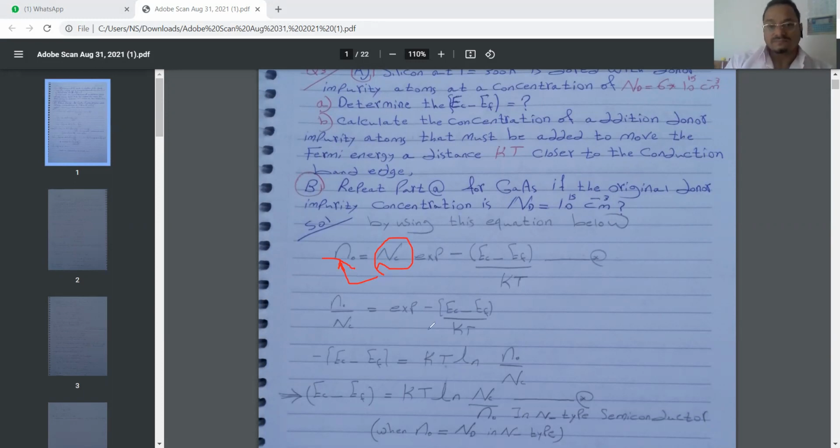After that, we will take ln of both sides, okay, to find EC minus EF, but here we have a minus. How can I delete it? By putting the effective density up and the concentration of electrons down.